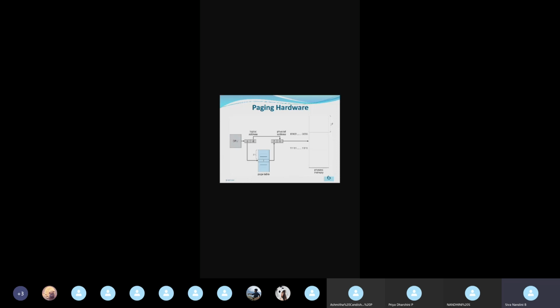If we have frame 2, that is denoted by F. The frame number is denoted by F. So this frame number F will be sent to the physical address. The offset will be the same. Okay. So here the frame number is 2. The page number is 1 we have considered. So in the second frame the offset value 4 should be allocated.